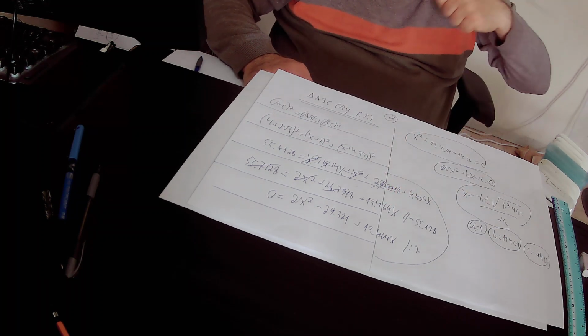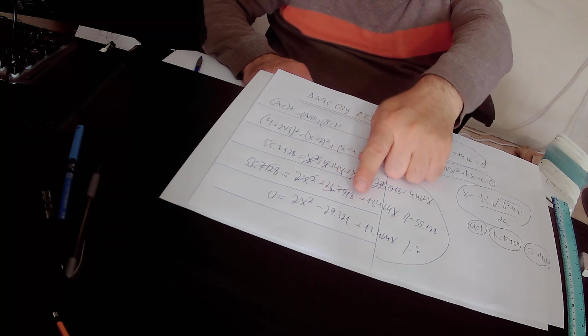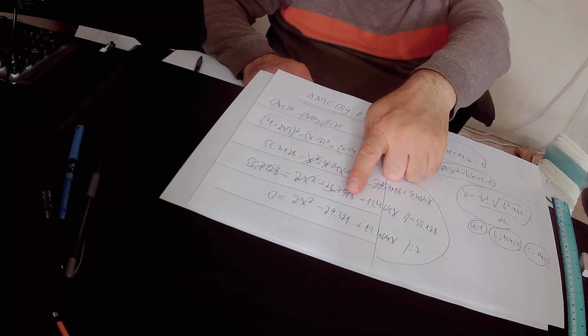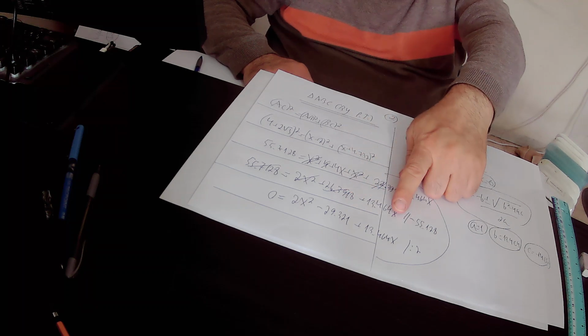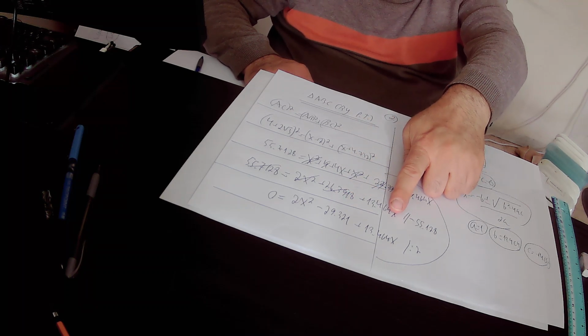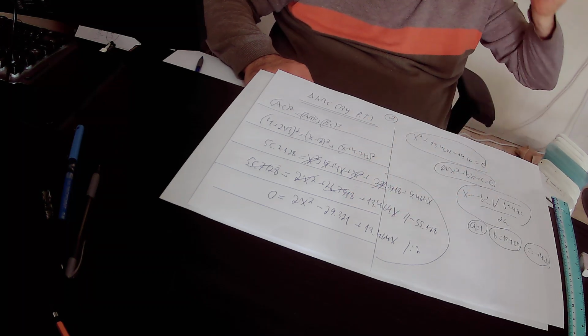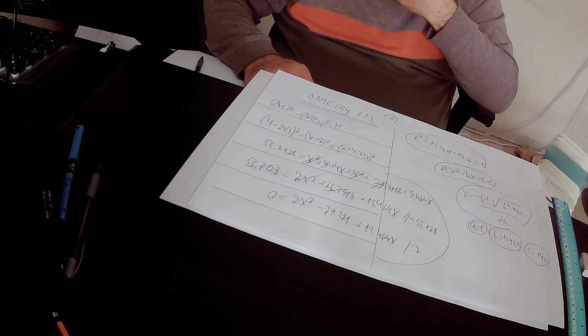So in conclusion, we found 2x squared plus 13.464x minus 29.321 equals 0. This is a quadratic equation.